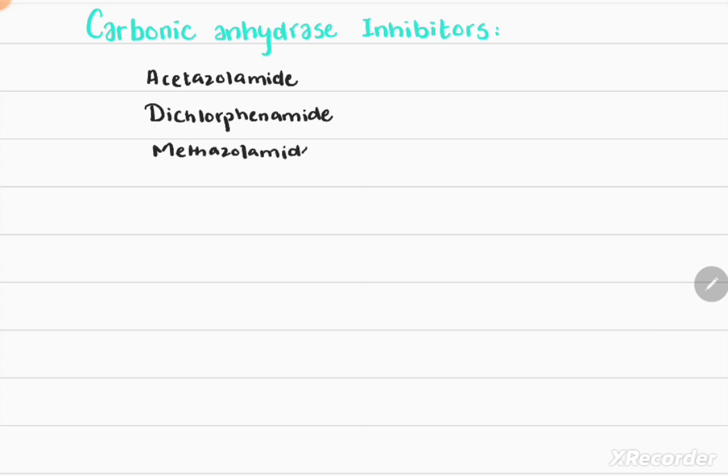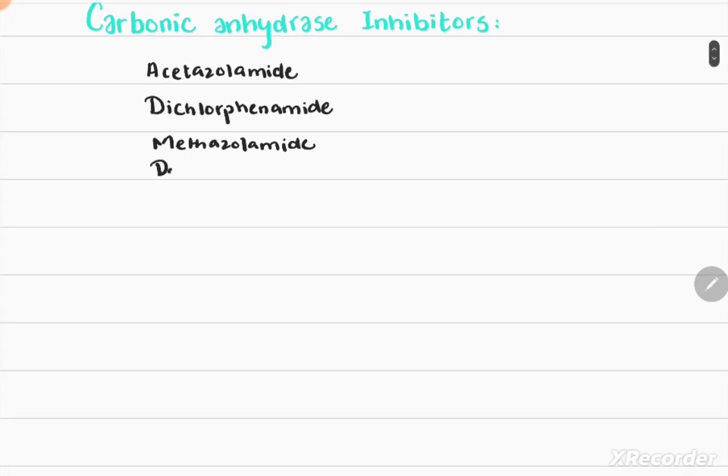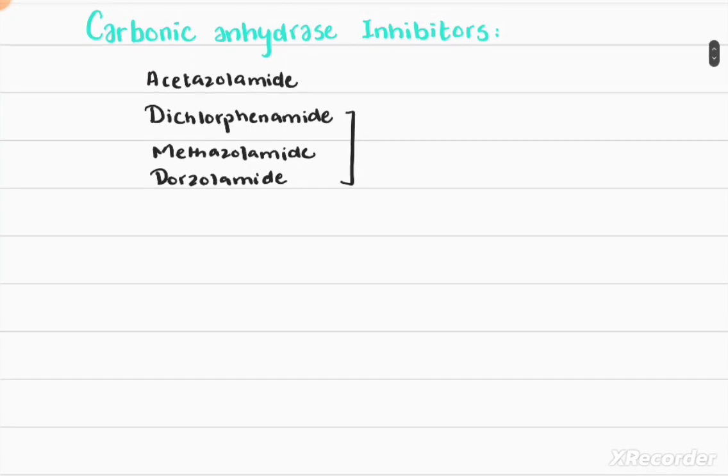We also have another carbonic anhydrase inhibitor, dorzolamide, and all these are used for the treatment of glaucoma, whereas acetazolamide is used in the treatment of increased intraocular pressure and increased intracranial pressure, as well as a diuretic.